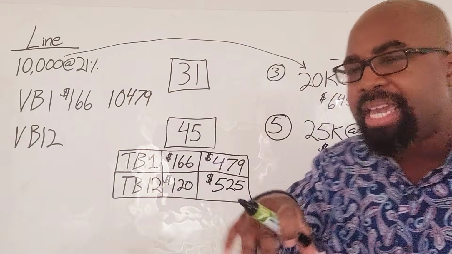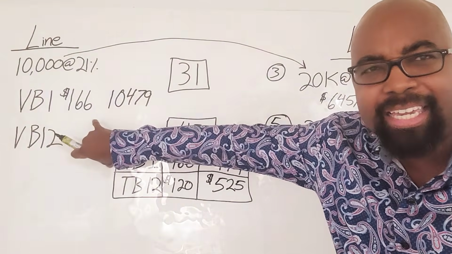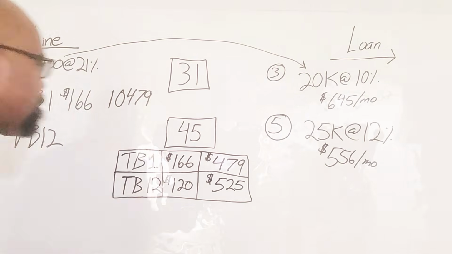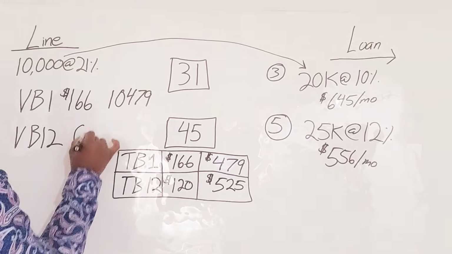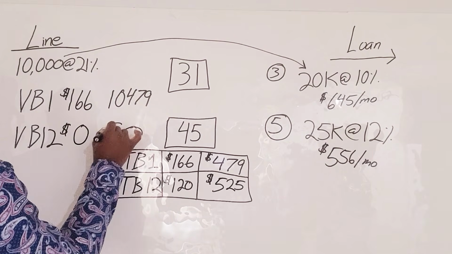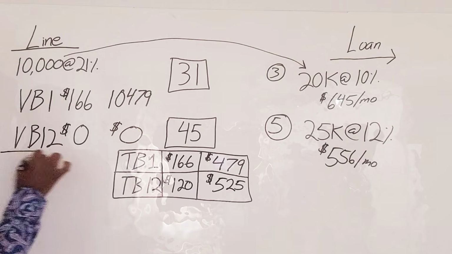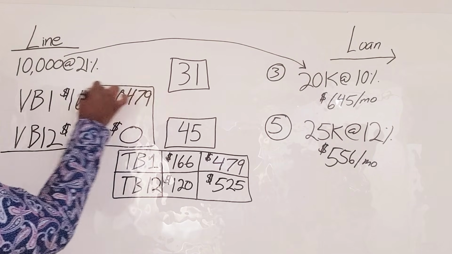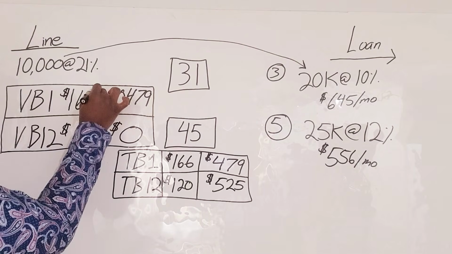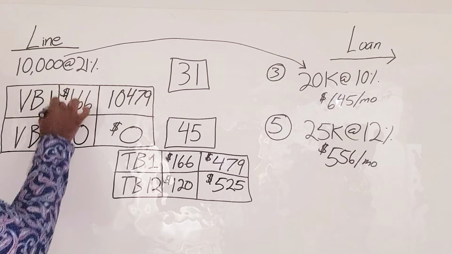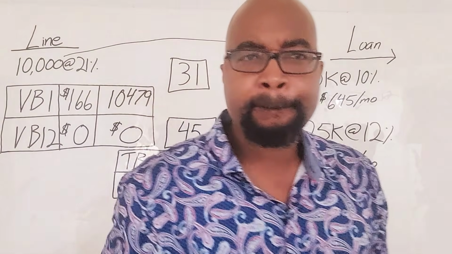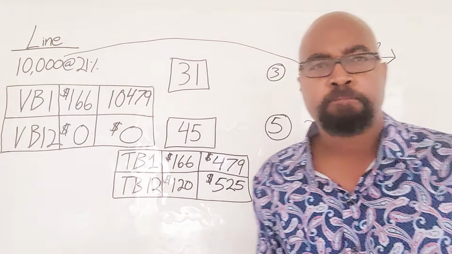But what is it going to be when you're implementing velocity banking? Watch this. That's what it's going to be. $0.